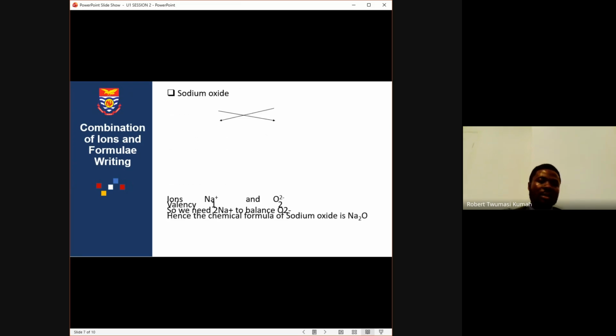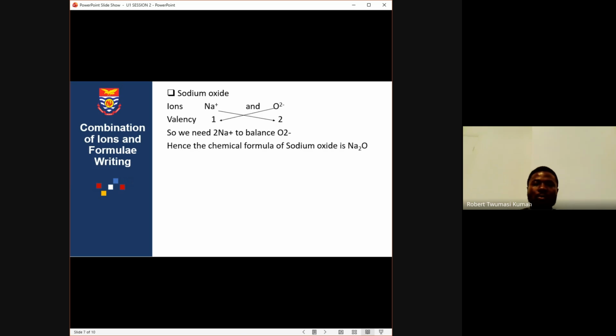So let's take an example. We want to write a formula for sodium oxide. For sodium oxide, the ions present are sodium, and the oxide represents oxygen. So we'll write their ionic forms. Sodium is in group 1, and so it will form a cation with a charge of +1.